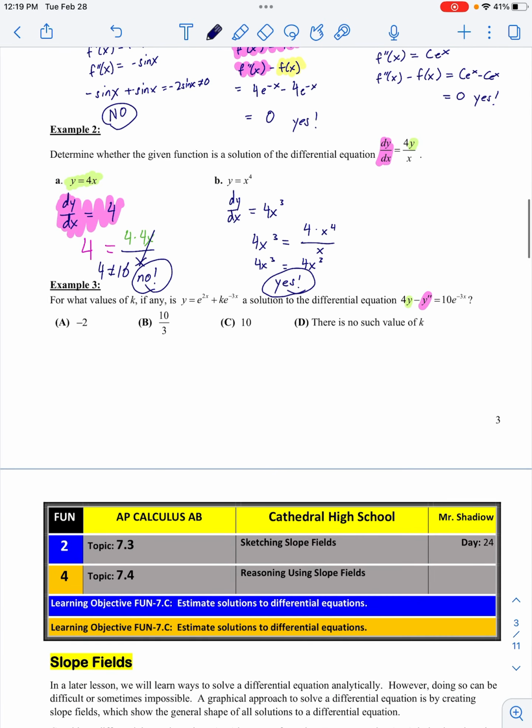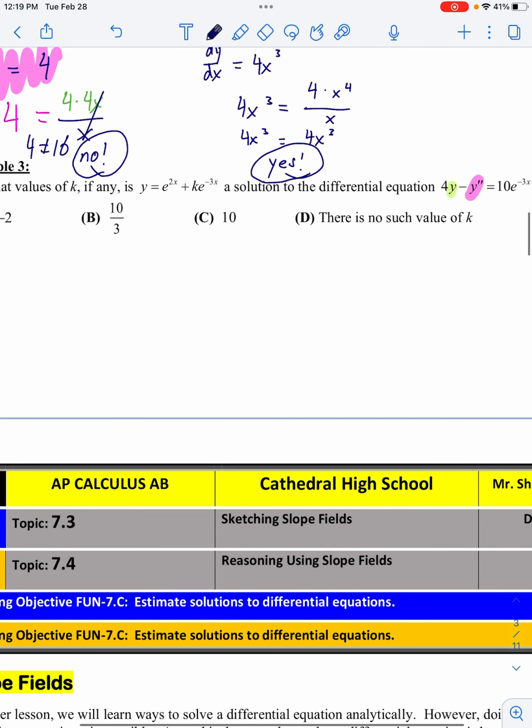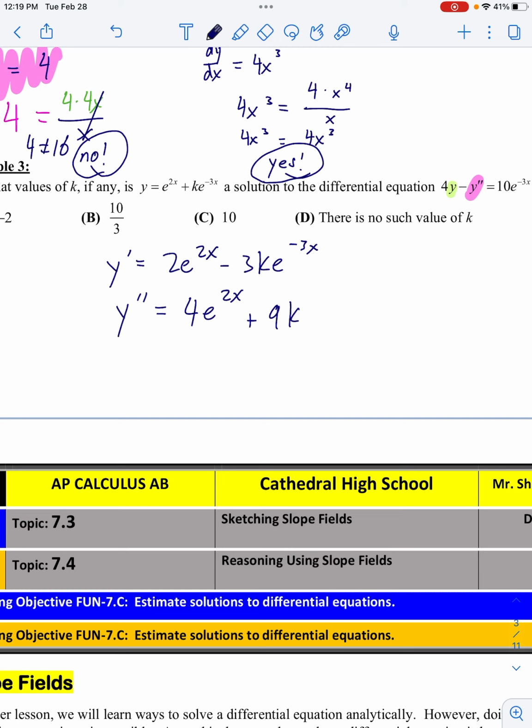So let's do that. Let's compute y double prime. So y prime is 2e to the 2x minus 3k e to the negative 3x. And then y double prime is 4e to the 2x plus 9k e to the negative 3x, okay?